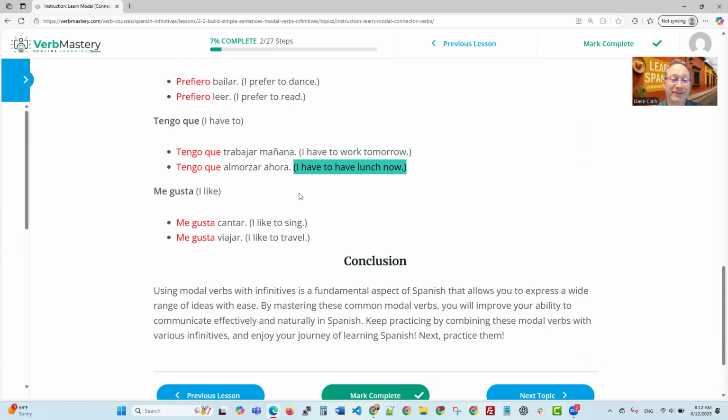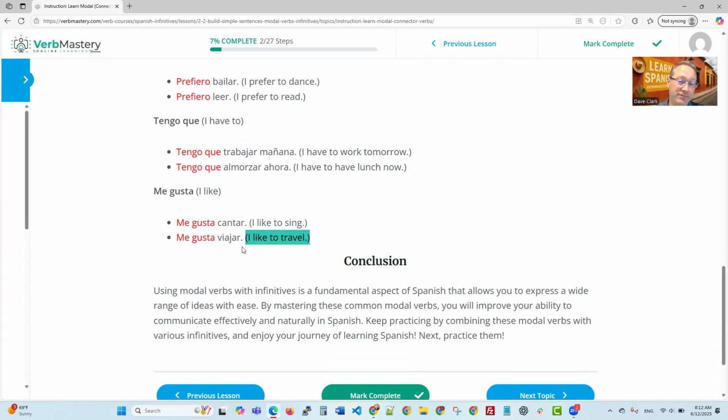I have to eat lunch now. Moving on. Me gusta. I like. Me gusta cantar. I like to sing. Me gusta viajar. I like to travel.